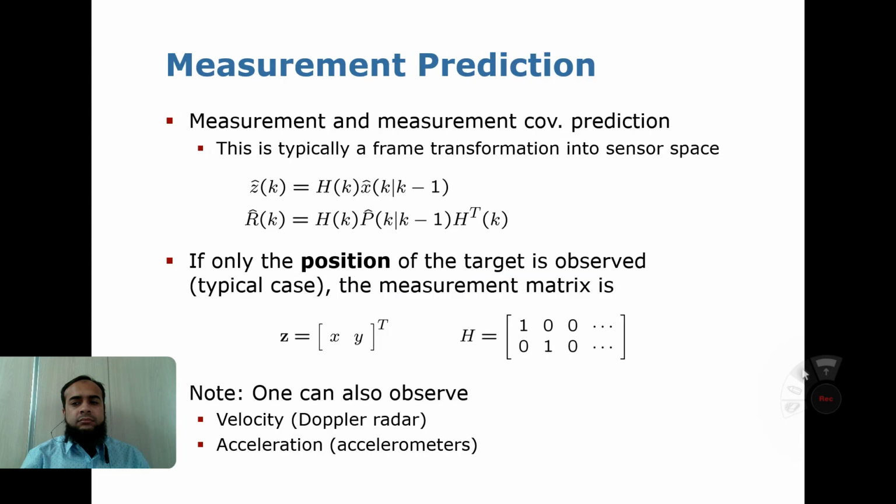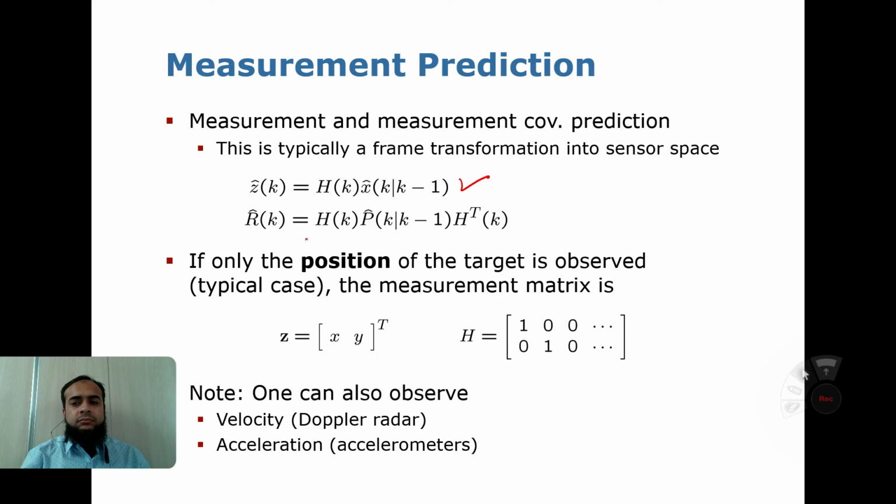Here these formulas you already know. Before applying the gating process, you should know the measurement and the measurement covariance prediction, like this formula. And this is the sensor measurement noise.